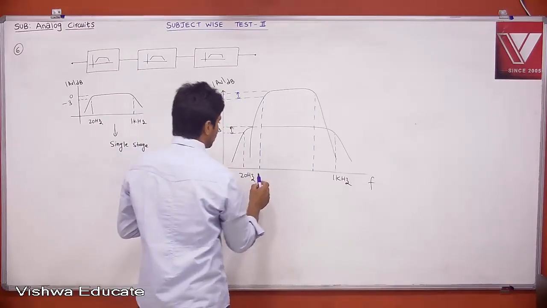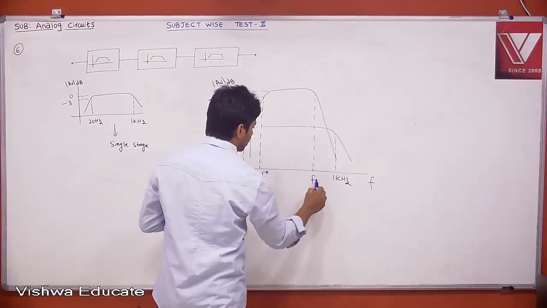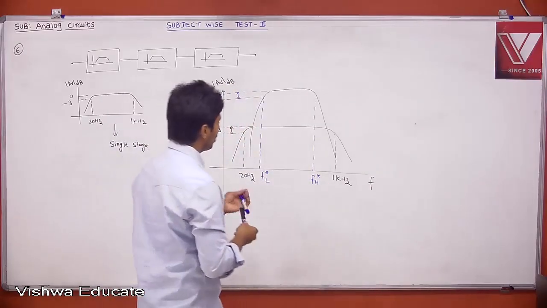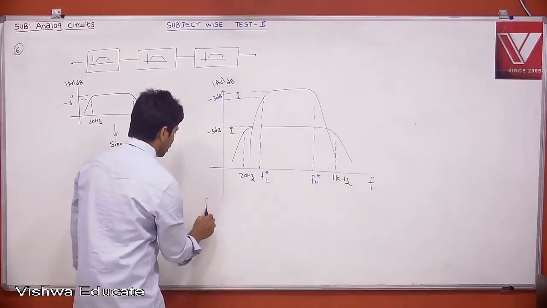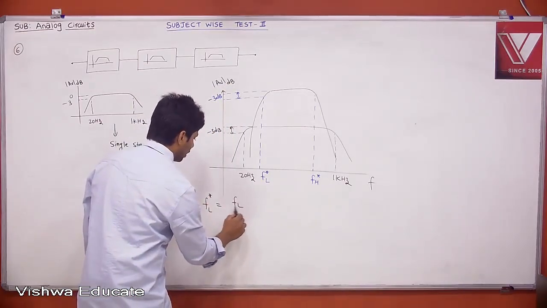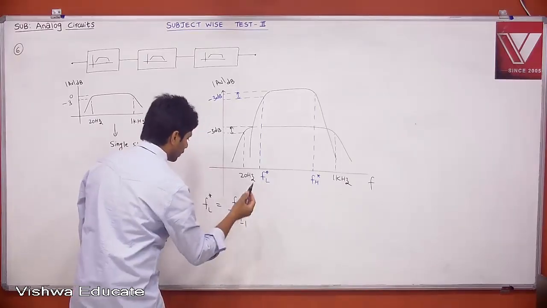Now this is nothing but your new lower cutoff frequency, let us say FL star, and this is the new higher cutoff frequency FH star. And I gave you the formula. FL star is increasing, therefore FL star is FL divided by 2 to the power of 1 by n minus 1.